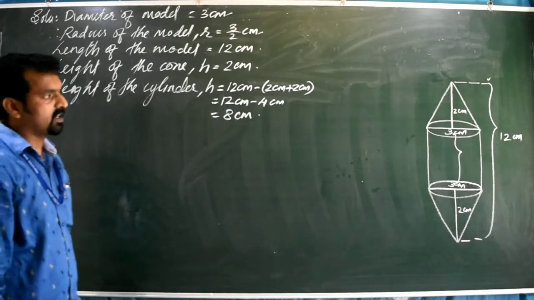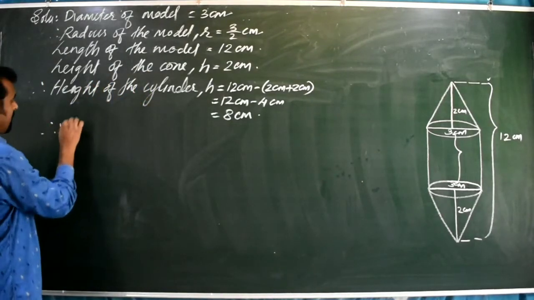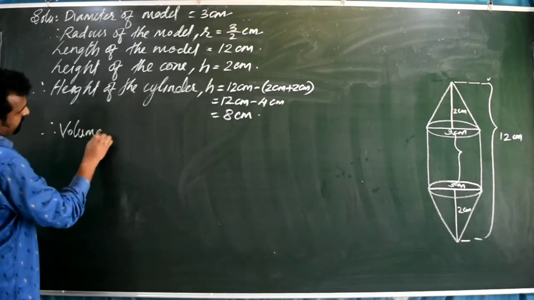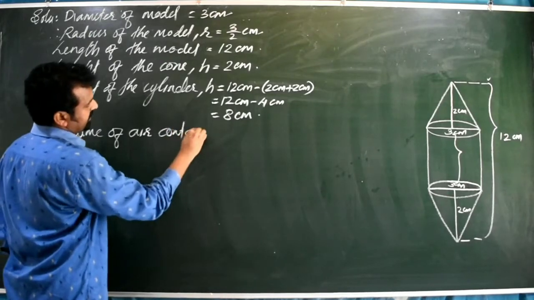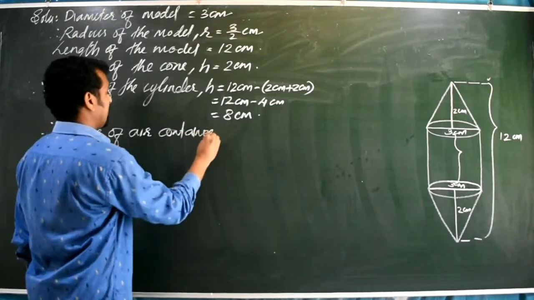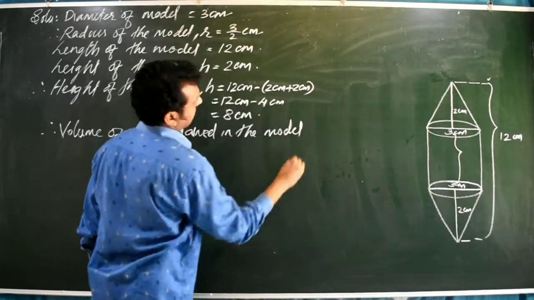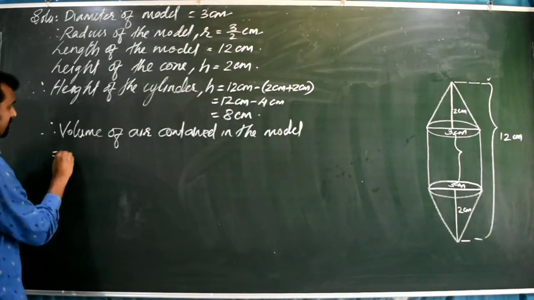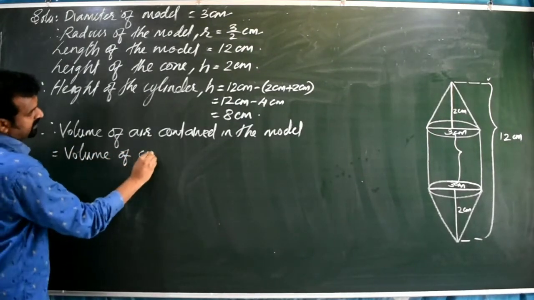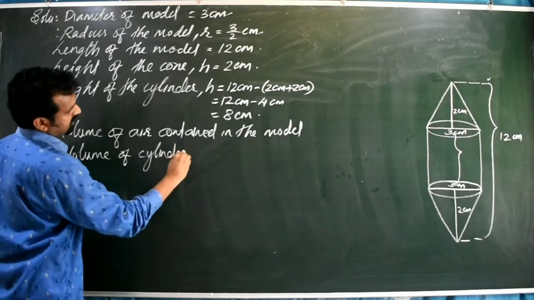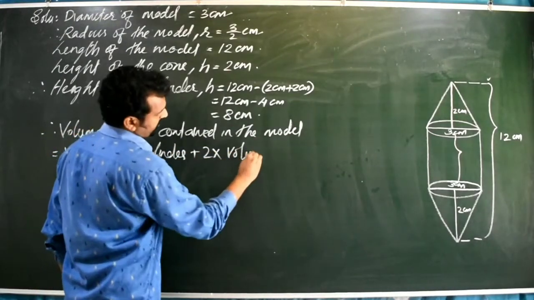Now we can find out the volume of air contained in the model. Volume of air contained in the model is equal to volume of cylinder plus 2 into volume of cone.